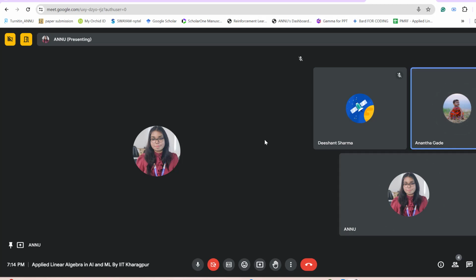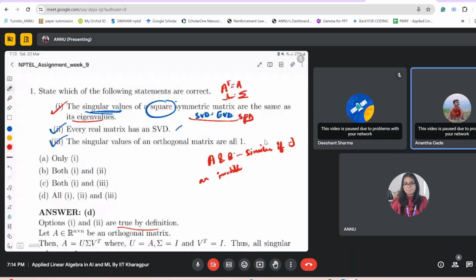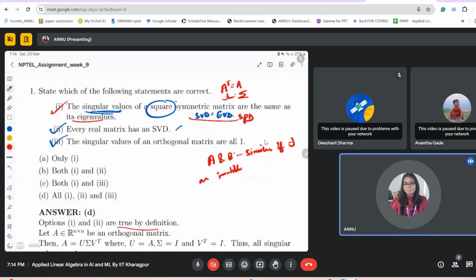In which case, for a matrix, are every eigenvalue and singular value equal? As I told, in the case of symmetric positive definite matrices, the singular value decomposition is exactly the same as the eigenvalue decomposition.